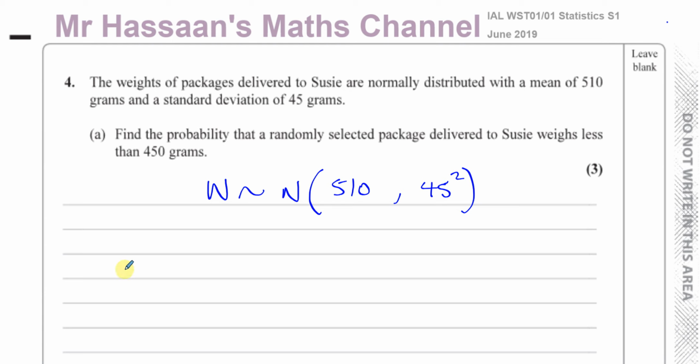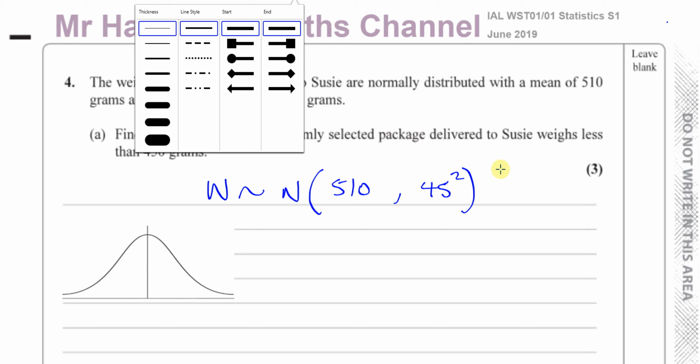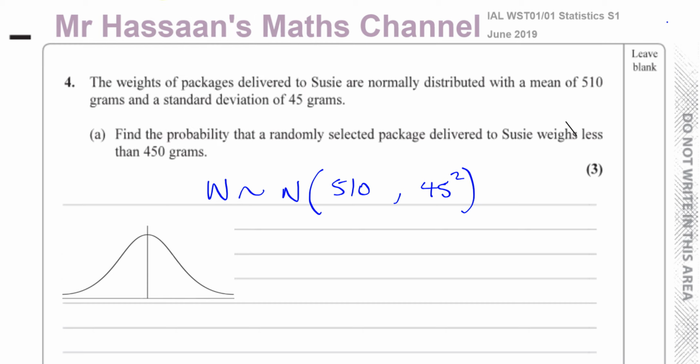Okay, so I'm going to draw my normal distribution curve here. First of all, we know that the mean is 510, so that's the mean. It says find the probability that a randomly selected package weighs less than 450 grams.